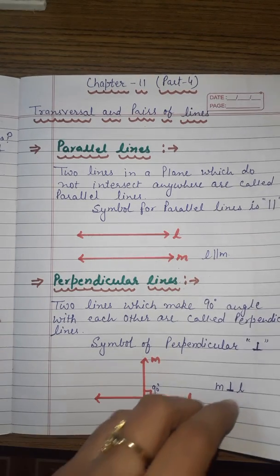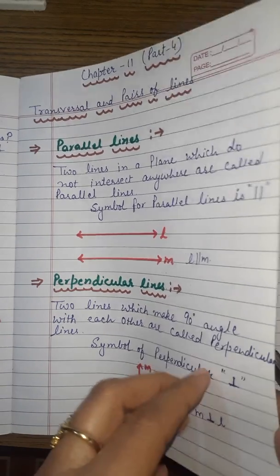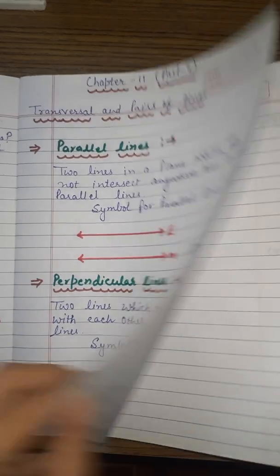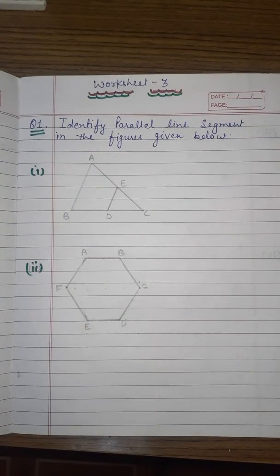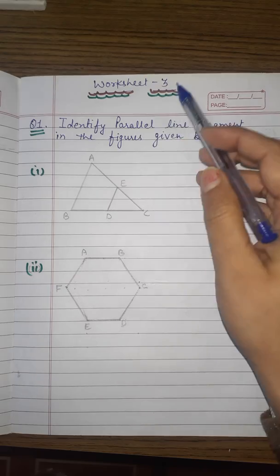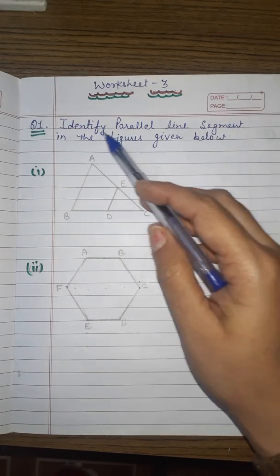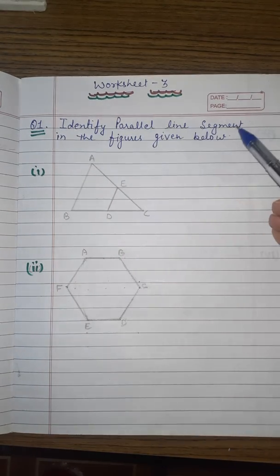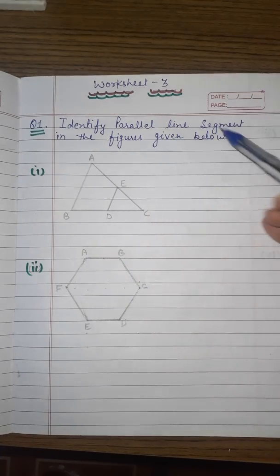Now the next is worksheet 3, which is based on the concept of parallel lines. This is the worksheet which is given in your textbook. The first question of worksheet 3 is: identify parallel line segments in the figures given below.